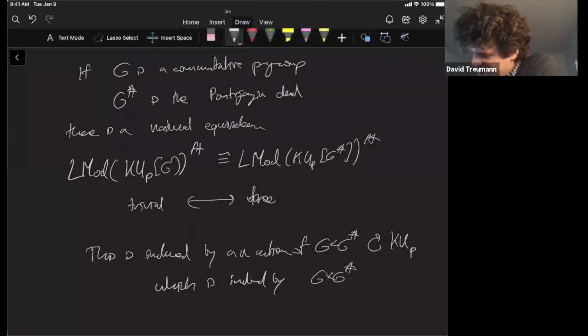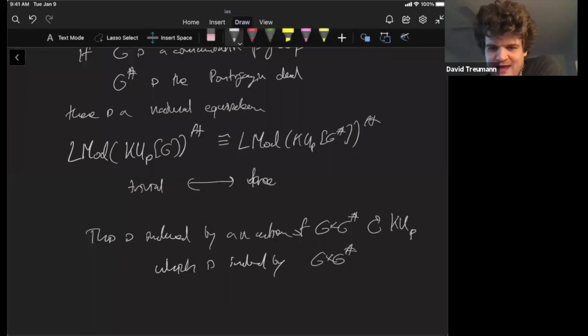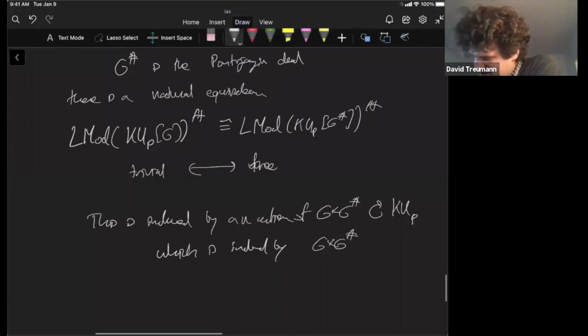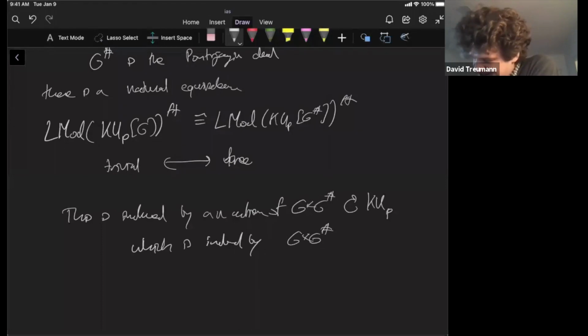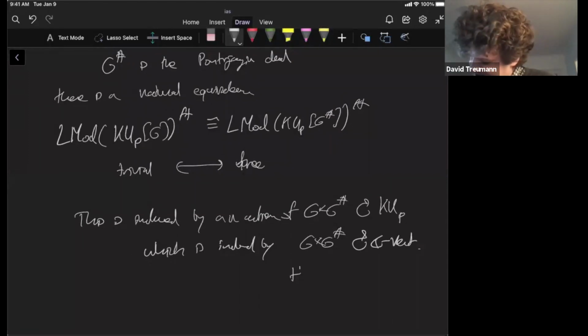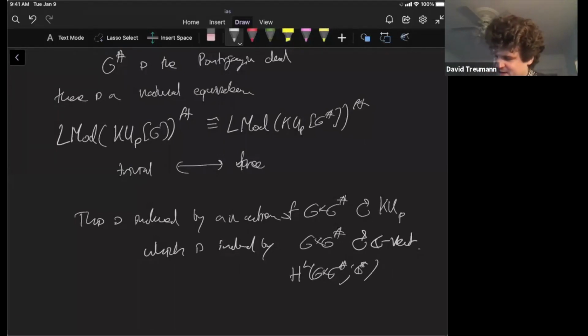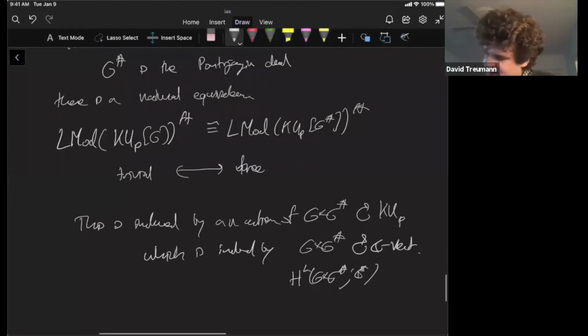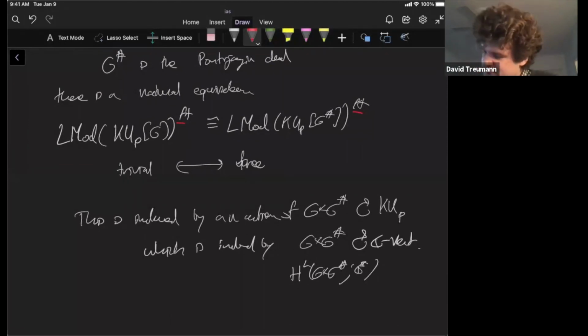Well, I haven't really even mentioned that KU is related to the category of complex vector spaces, and G times G sharp acts on the category of complex vector spaces, so there will be some cocycle describing that action, which lives in H2 of G times G sharp with coefficients in C star. And that bimodule induces an equivalence, if you put these finite type superscripts.